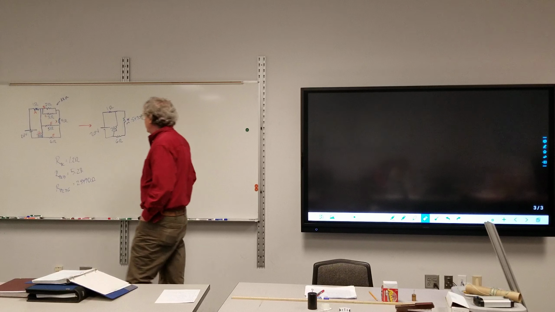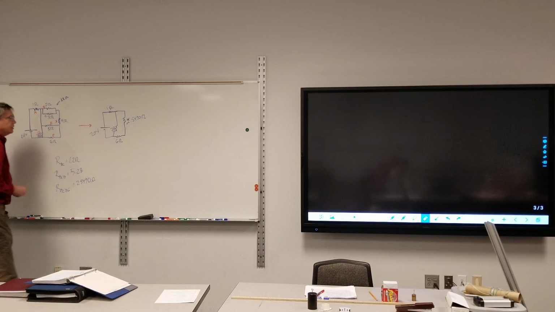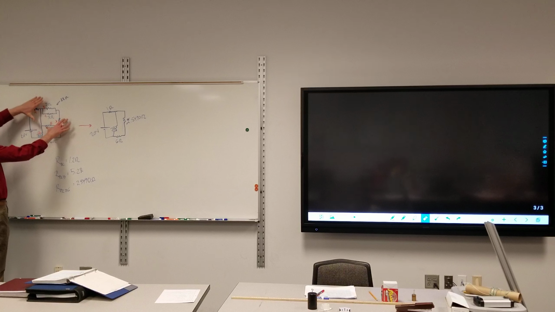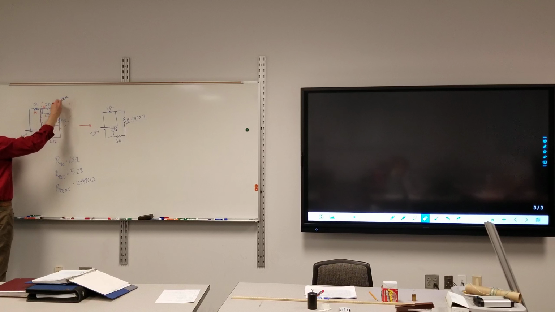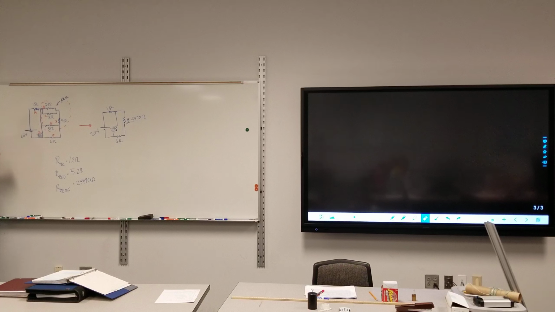Okay, I found the equivalent resistance of this right here. But how do I then combine them? Well, I know that my current comes in here, and this is just one giant junction right there, because I have nothing in between any of that stuff, they're all connected, it's just drawn strangely.